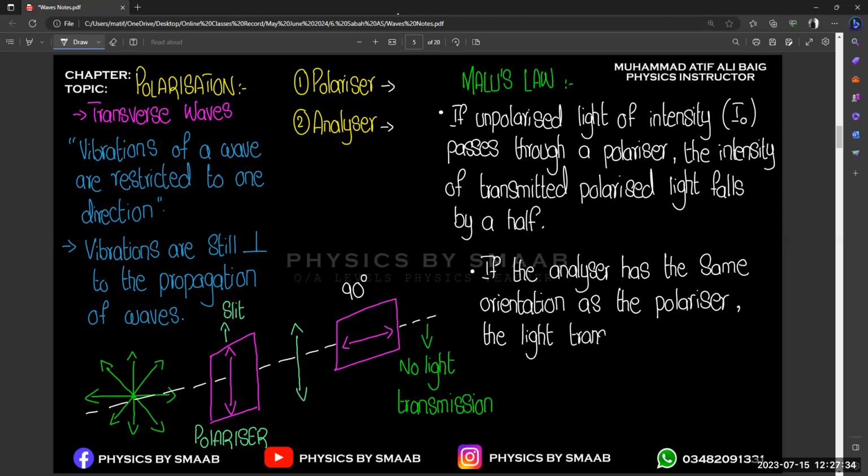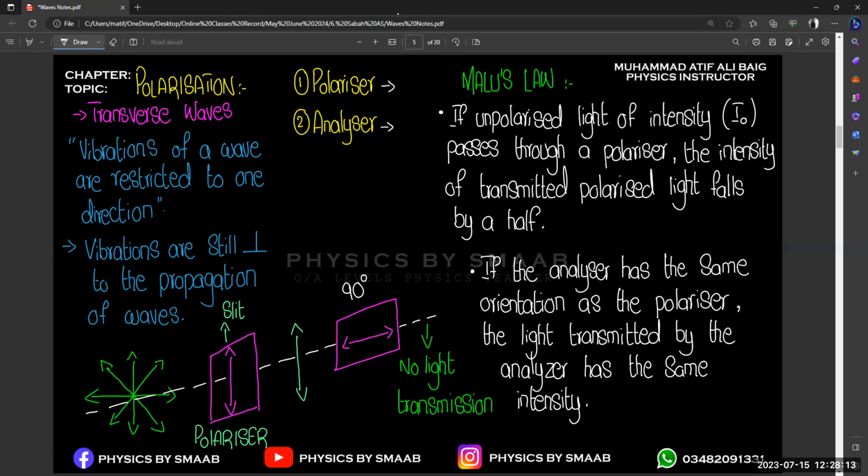So the transmitted light will have the same half intensity passing from the first polarizer, also from the analyzer. So the light intensity transmitted by the analyzer has the same intensity. Okay, in analyzer, I mistakenly wrote a Z there.